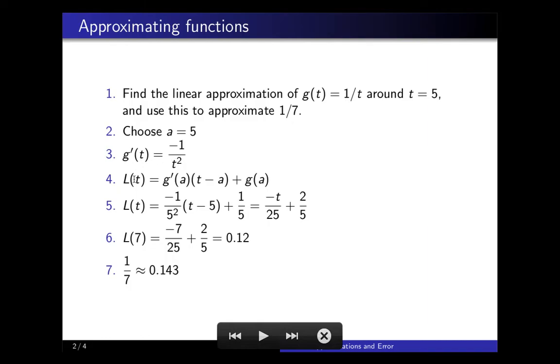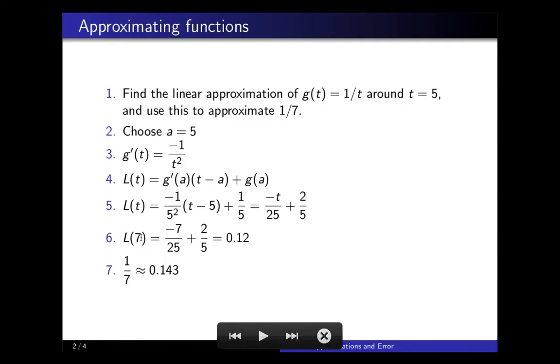We'll then set up our tangent line equation. So L of t is going to be g prime of a, where a is going to be 5, times t minus a plus g of a. Putting in our derivative and our function value, and evaluating everything, we get minus t over 25 plus 2/5.